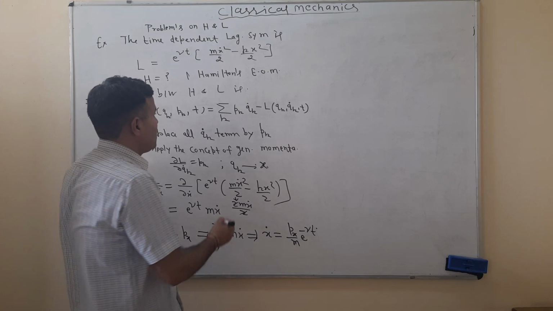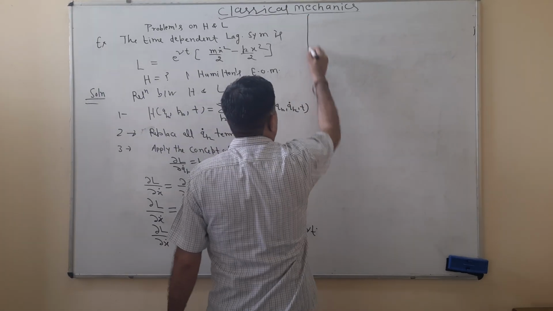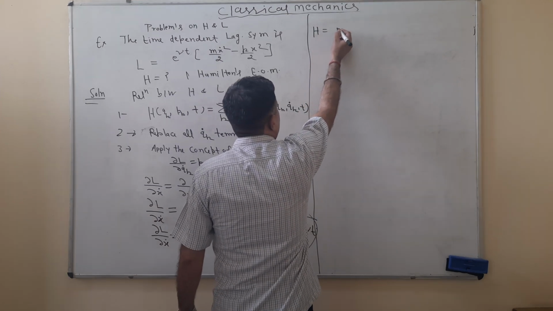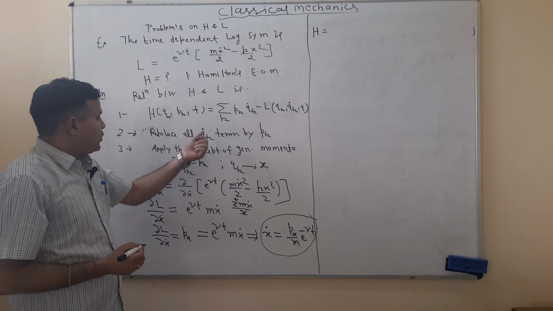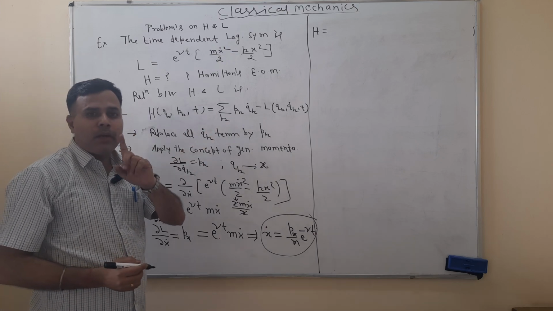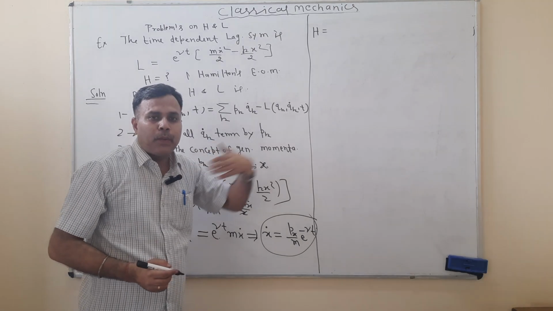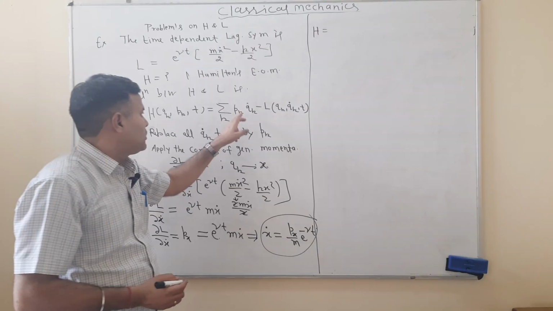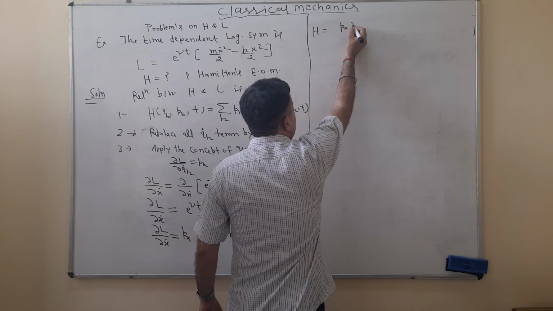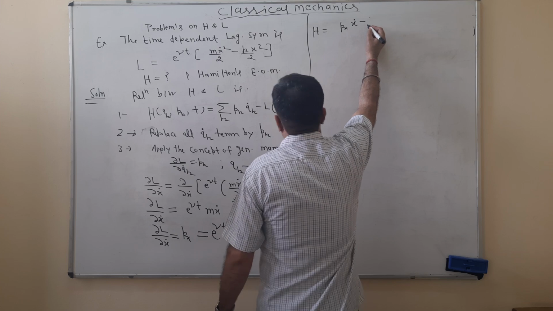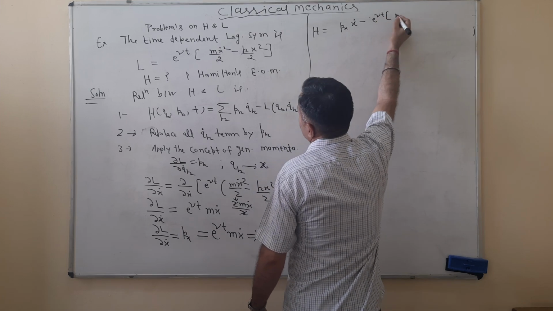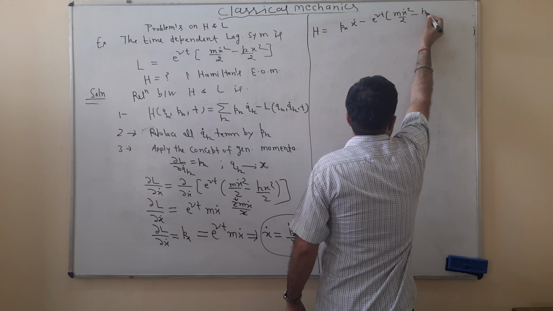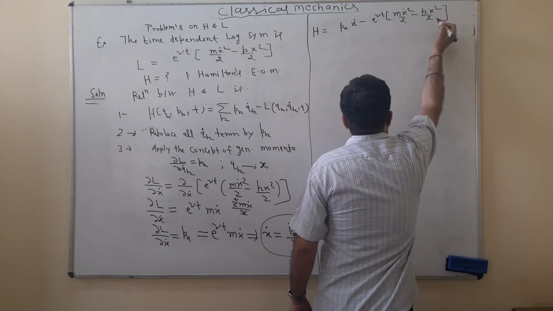Now h is simply pk qk dot, because k is simply 1. There is no need to expand, because we have only one running index, one generalized coordinate. So this expression becomes simply px x dot minus L, where L is e to the power nu t mx dot square by 2 minus kx square by 2.